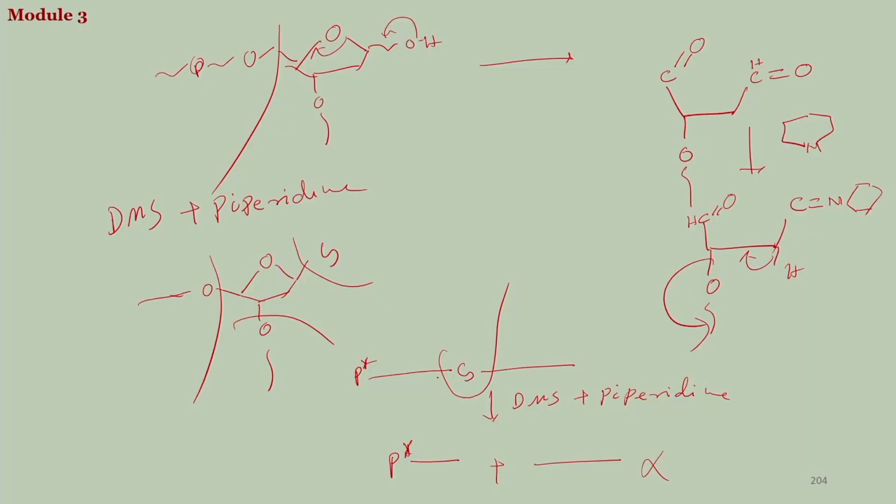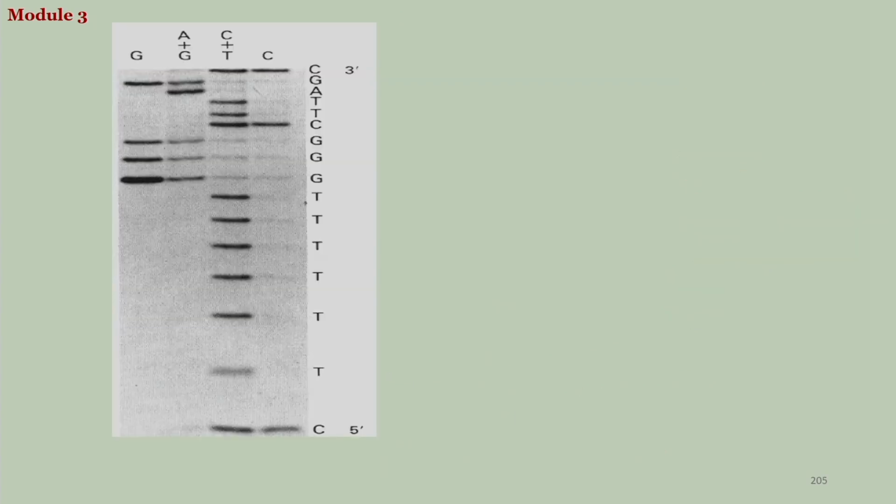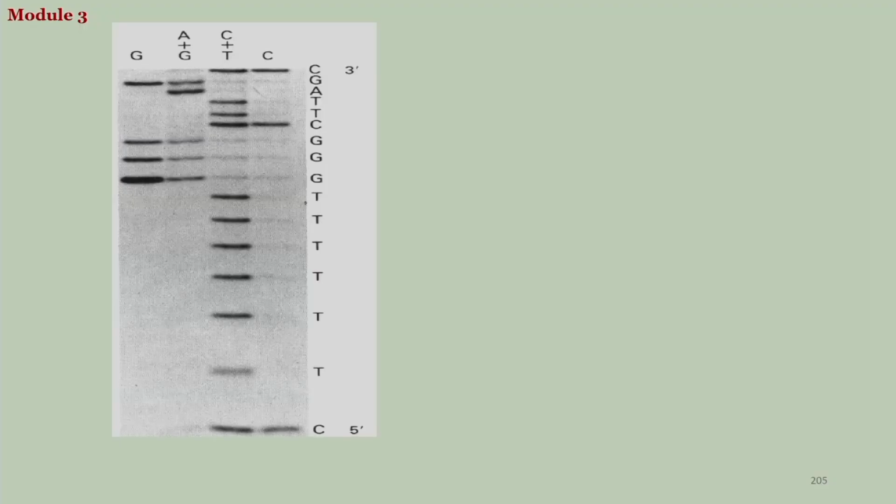And we will see in all the subsequent steps, it basically does the same thing. It chops off the nucleotide from the 5 prime end as well as the 3 prime end. So, that is the first treatment. Forget about this now.